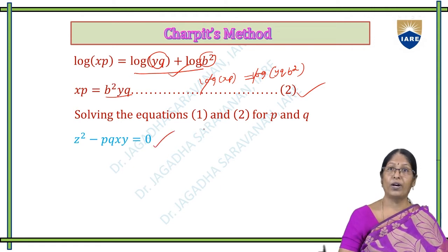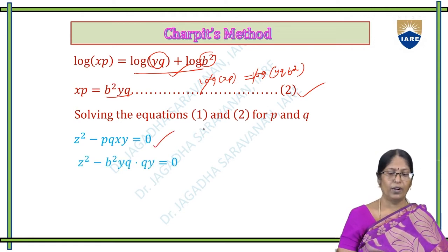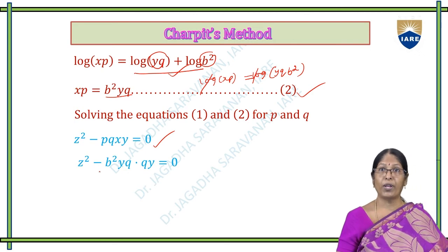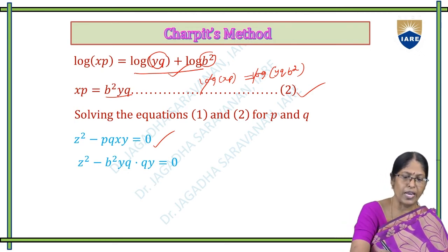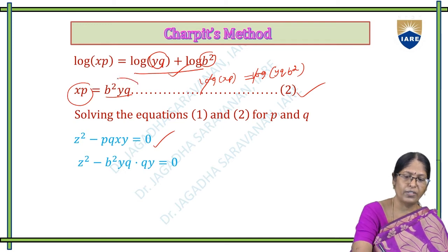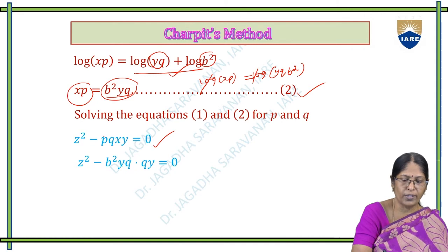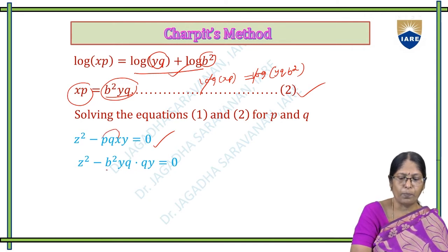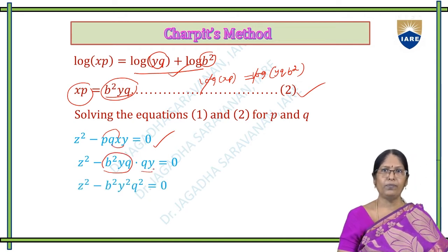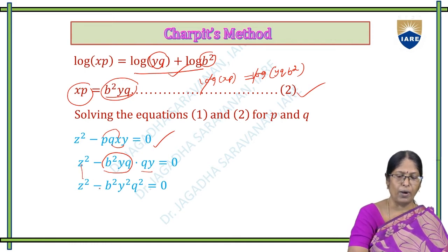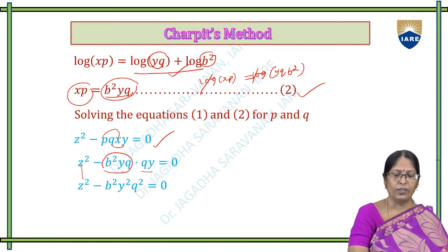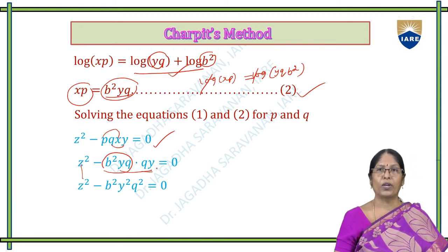So this is our first, the given equation. Now in the equation we obtained, our equation 2, where xp is there, we will substitute b square y cube. So here is our px. In that place we substituted b square y cube. The balance qy is written as it is. So z square minus b square y square q square equal to 0.